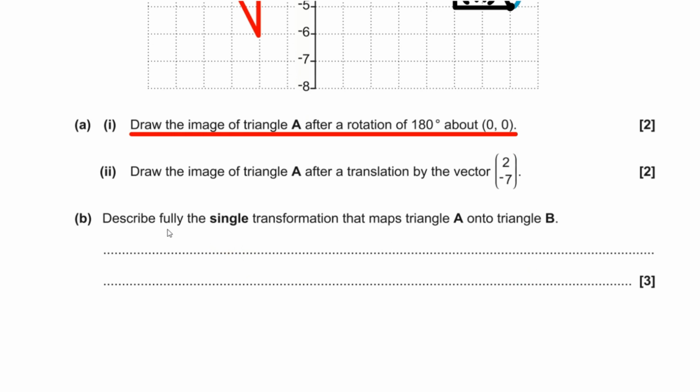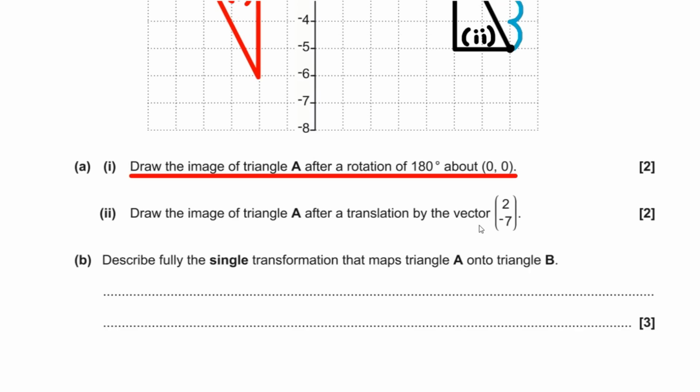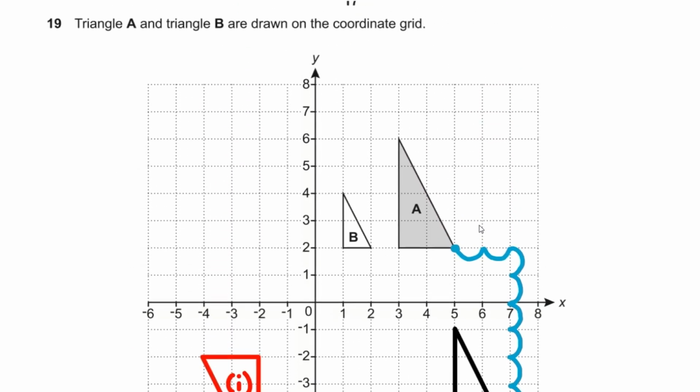We now have to describe fully the single transformation that maps triangle A onto triangle B. So, let's draw some of these ray lines. Like so.